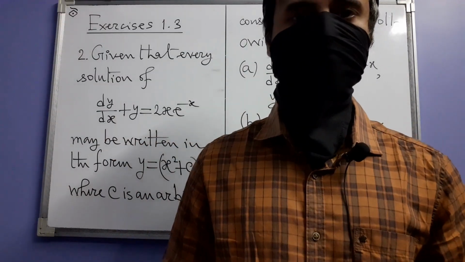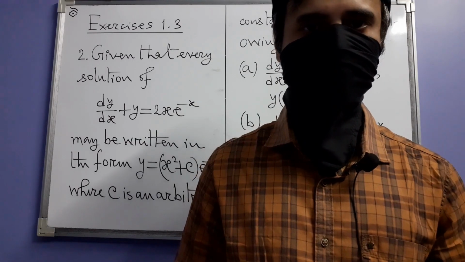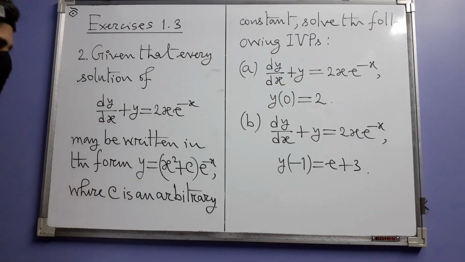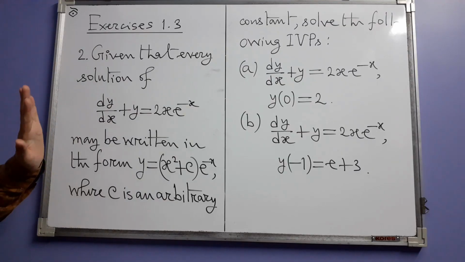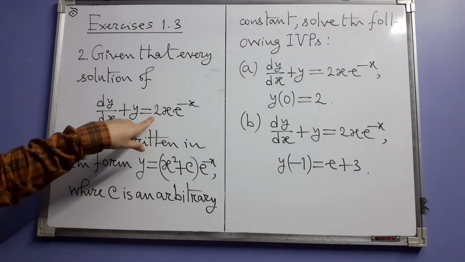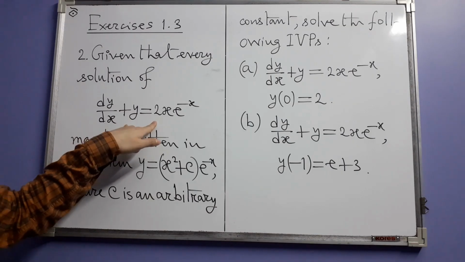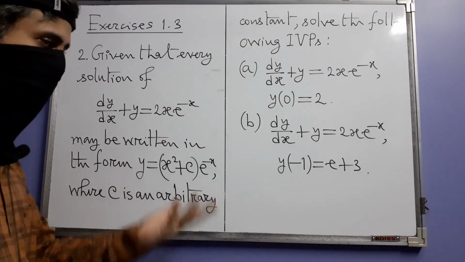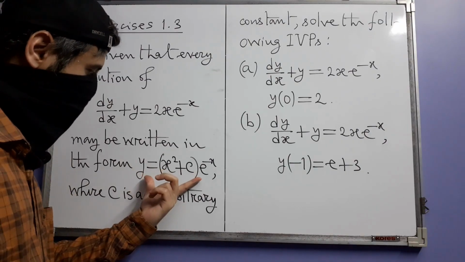So let us next solve the exercises on IVPs and BVPs, initial value and boundary value problems. So this is number 2. The differential equation you see here, it is given that its solutions are of this form.